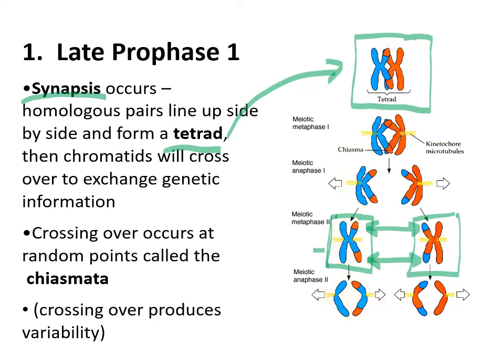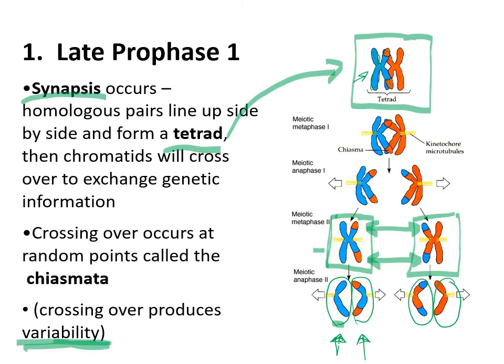And what this does, and we'll see how this comes together, is that it creates more genetic variability of the cells that are going to be produced. Because if each of these chromosomes, now that they're separated, they're chromosomes again, if each of these chromosomes end up in a separate cell, if this synapsis didn't happen, this crossing over didn't happen, both this one and that one would have the exact same information, because remember, they would have come originally from the chromosome that came from your father, which has two chromatids that are identical to each other.